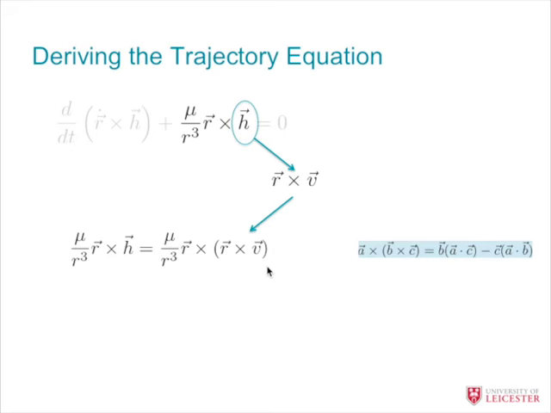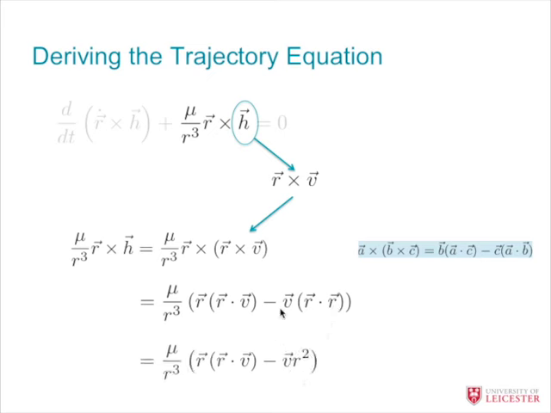So when I use that identity, I find that my equation of motion second term can be rewritten as this combination of scalars. And the second scalar is the easiest one to deal with, because I know that a vector taken as a scalar product with itself is just a scalar, and it's the square of the magnitude of the vector.